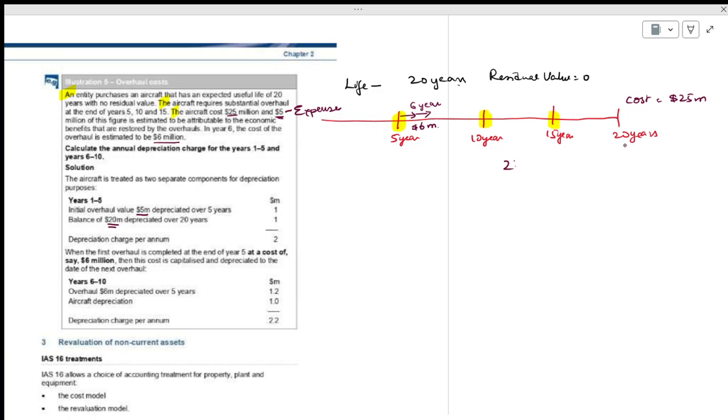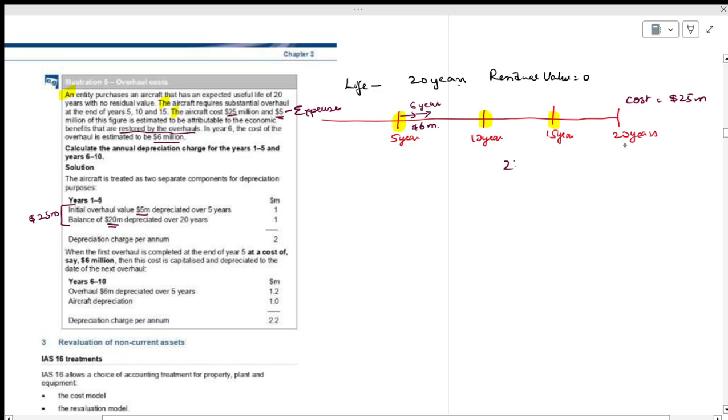When you are purchasing the aircraft, you have to do some painting, you have to make interior decorations as per the airline's style and design. The cost is 25 million and 5 million is estimated as the economic benefit restored by the overhauls. So two components are there. The first is 20 million, the second is 5 million. If you add these two, the cost is 25 million.